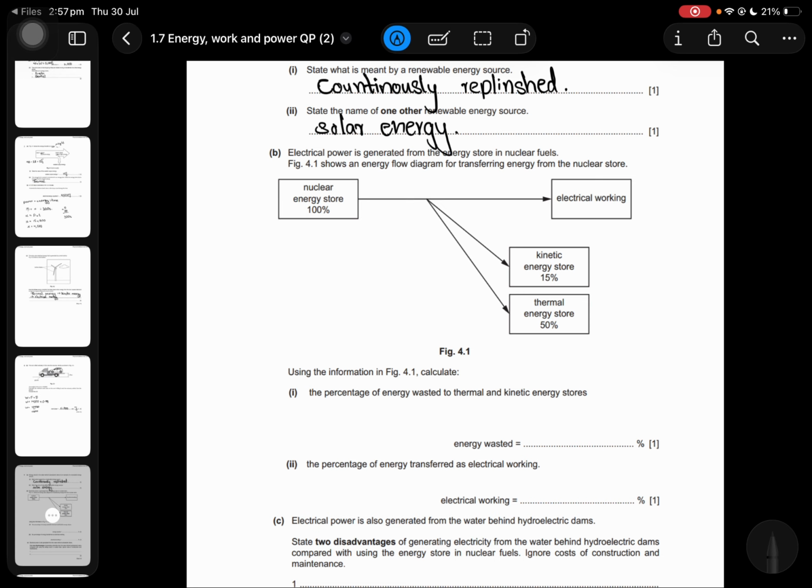So we can just add these: 50 plus 15 is 65%. Transferred as electrical energy is 100 minus 65, which is 35%.